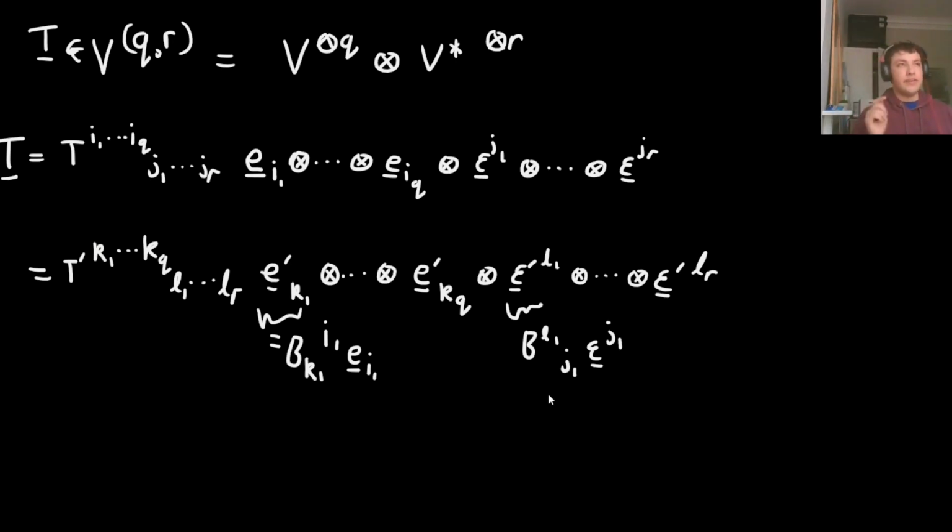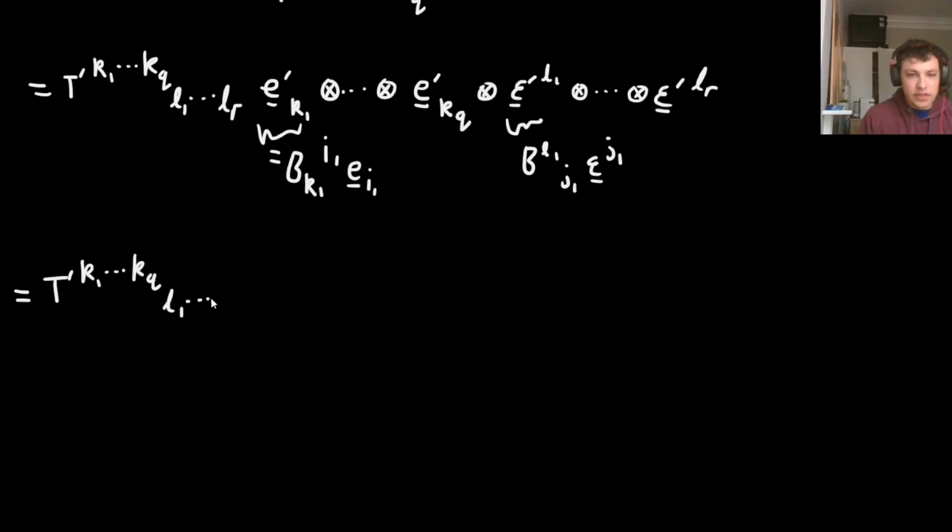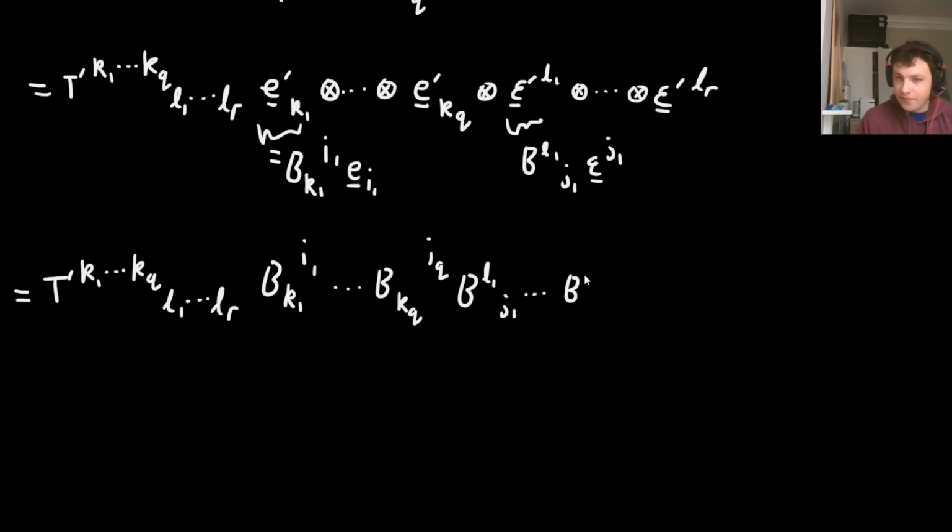And because it's multilinear, we end up getting a whole new sum, and this whole thing can then be represented as T prime K1 up to KQ L1 up to LR, and now we're going to get B_{K1}^{I1} for the first one, and this is going to repeat up to B_{KQ}^{IQ}. And then we get the other way around for these ones, so we get B^{L1}_{J1}, all the way up to B^{LR}_{JR}.